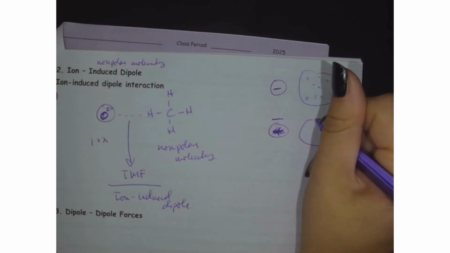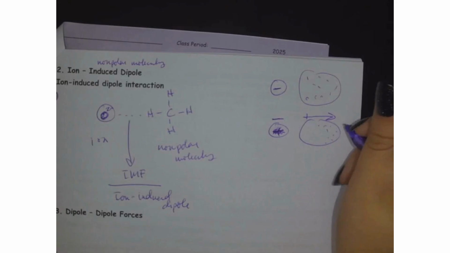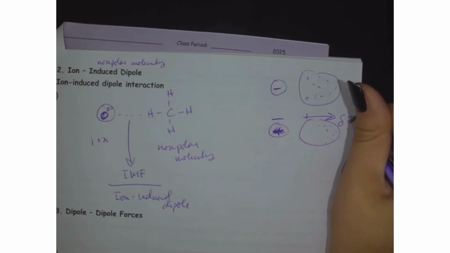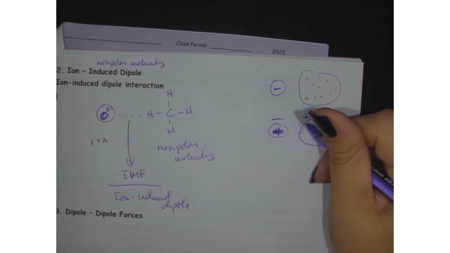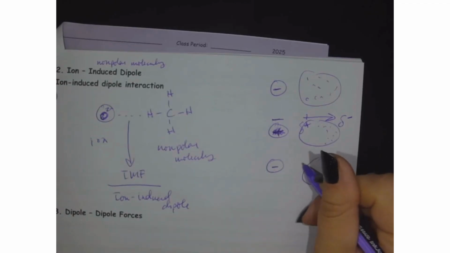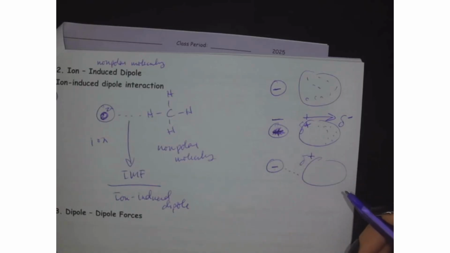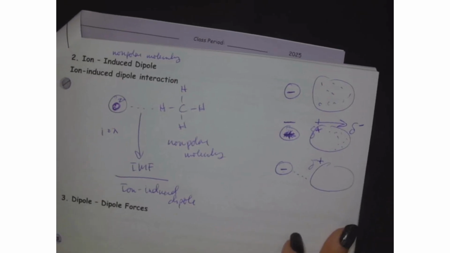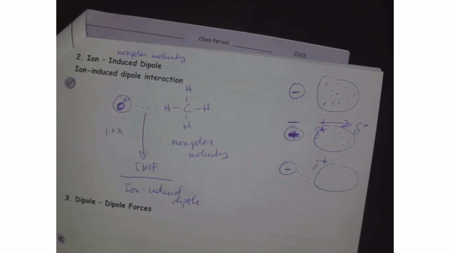We cause it where we've pushed the electrons over here, and so for a moment in time we get a slightly negative side, and then we get a slightly positive side. And so now the negative thing is close to that slightly positive side, and that's the attraction between them. And it doesn't exist really long. It'll go away and then it'll come back and go away and come back. But that's what our ion-induced dipole is.